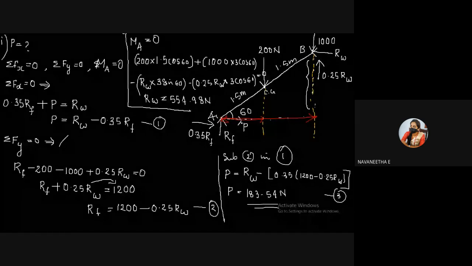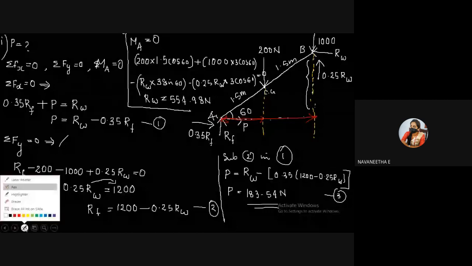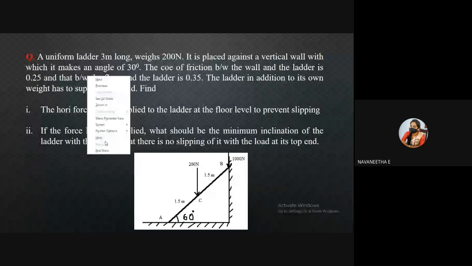Here I am drawing the FBD of the system at the position where the ladder has stopped. So this is our ladder. This is our weight, 200 Newton.